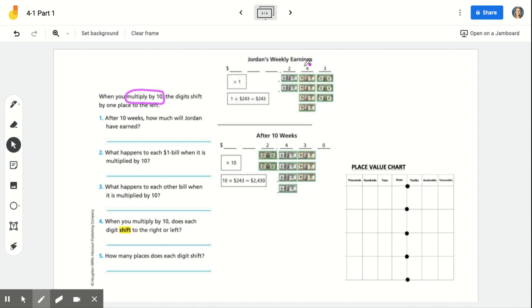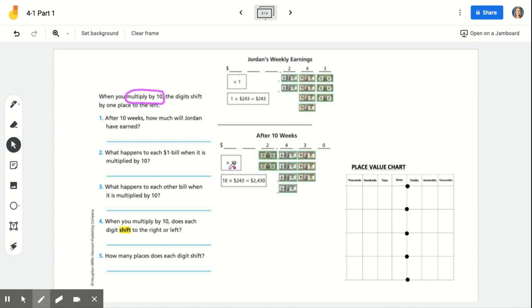That's from the previous slide. And now take a look at the visual labeled after 10 weeks. After 10 weeks, the book is saying that he's going to now earn $2,430. And you might notice something about the digits that go along with week 1. Take a look at a pattern maybe that you see.